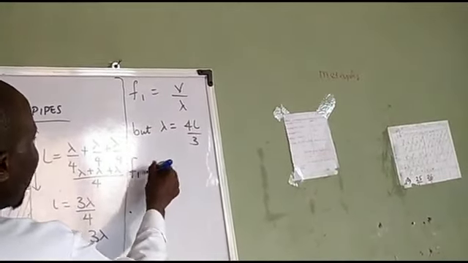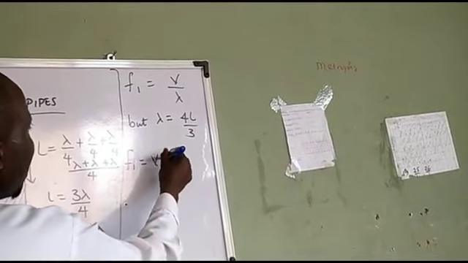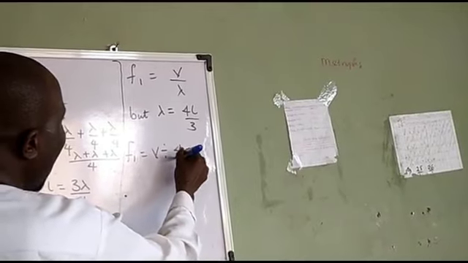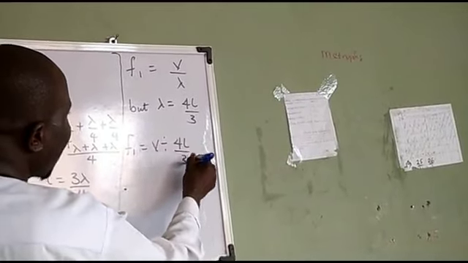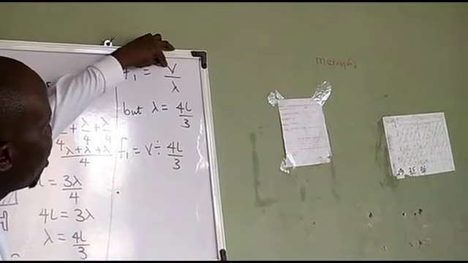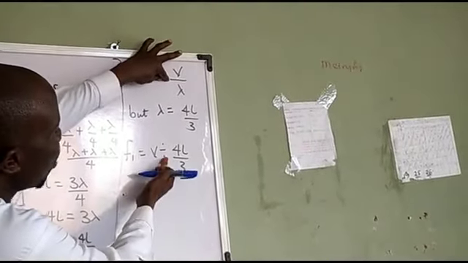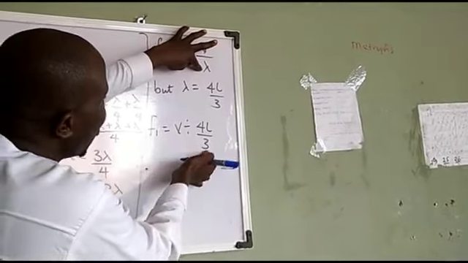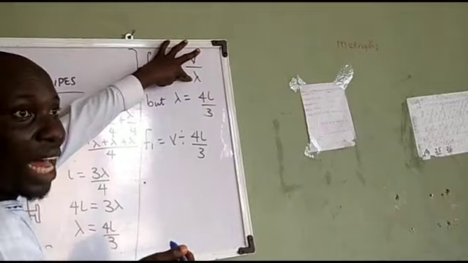Our F1 will now be equal to V divided by 4L all over 3. Where do I see this division sign? This is V. This division sign is what I bring up here. This value of lambda is what has changed to 4L over 3. I hope that is clear.